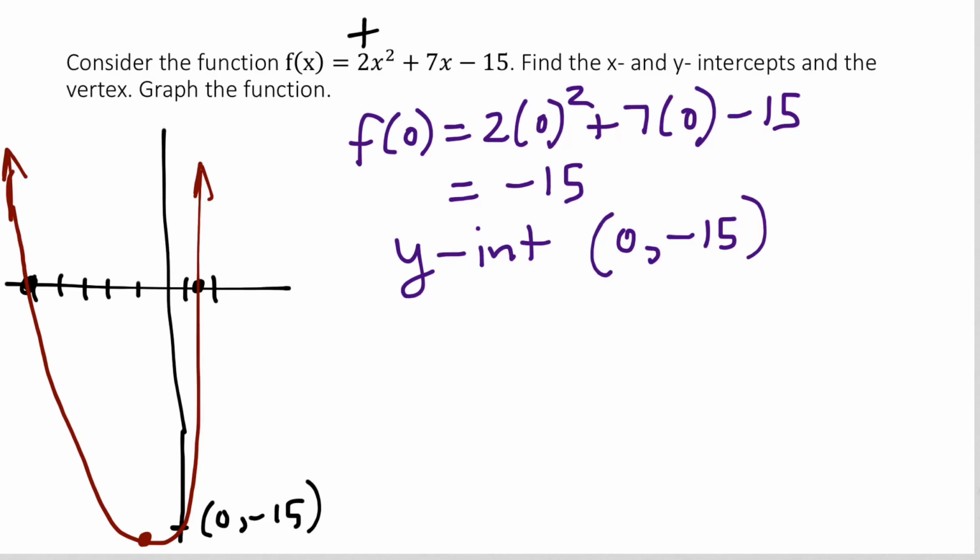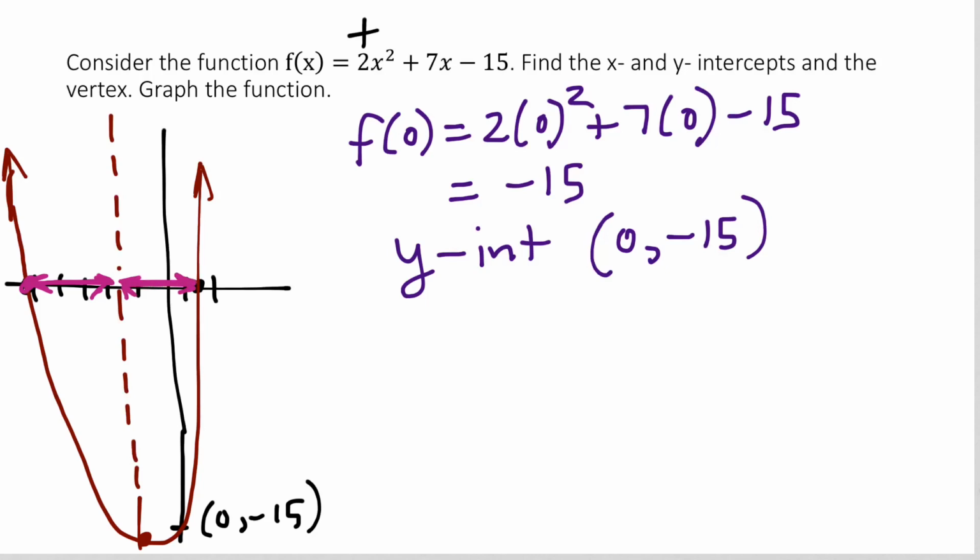All right? So my vertex is down here. Now I'm going to use a different technique for finding the vertex, and this is another way of doing it. Since we know that this is your axis of symmetry that goes right through the vertex, you know that the distance between this x-intercept and your axis of symmetry is going to be equivalent to this distance here.